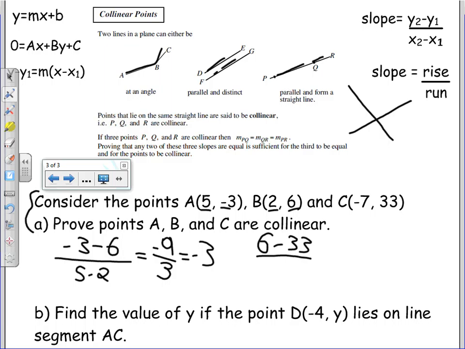Better? Yeah. On the bottom, you got 2 minus -7. So on the top, you got -27. And the bottom, you got 9, which happens to be -3. So those points are all along the same line, since they all have the same slope connecting them. So it's simple, right? So they're collinear.